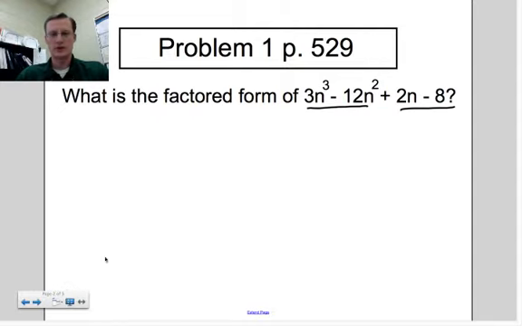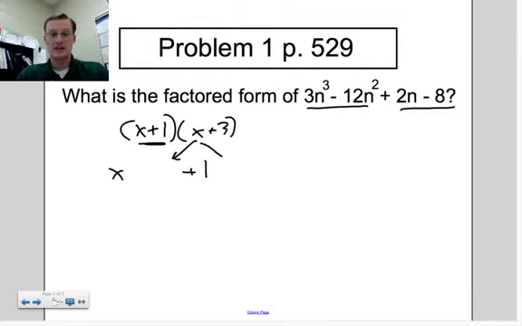Now, what we're going to do is look back at some old methods. For example, if we had x plus 1 times x plus 3, we had a version where we could multiply these by stretching out the x plus 1 and giving an x plus 3 to each. And then we would continue to distribute.